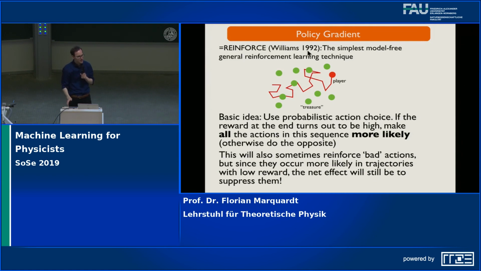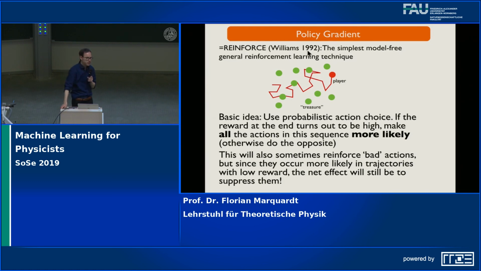This sounds a little bit funny because among these actions there will probably also be some actions that were not very smart. You ended up with a high reward, but maybe action number 3 was a really stupid move, but it was somehow overcompensated by the actions after that. Still, all these actions get rewarded, their likelihood gets increased.